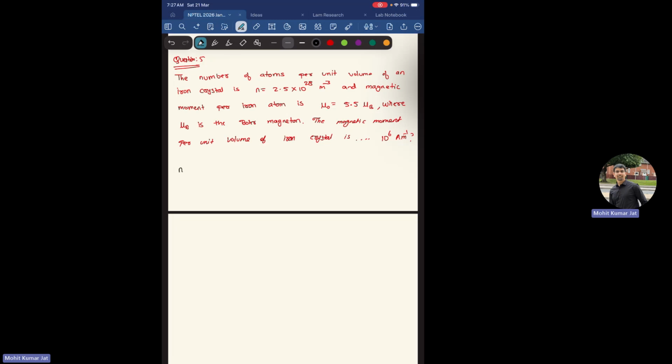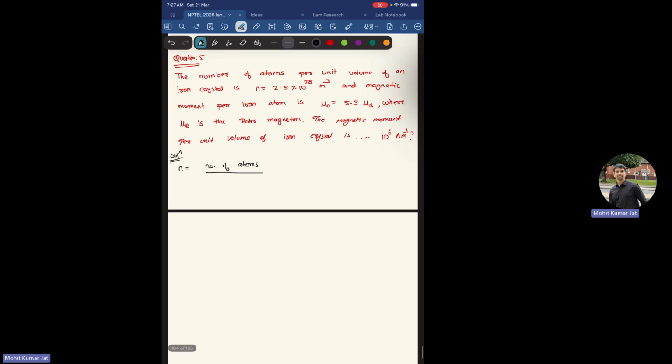Carrier density n is the number of atoms per unit volume. This is the solution part. Mu naught in the given problem is 5.5 times mu B, the Bohr magneton, right?